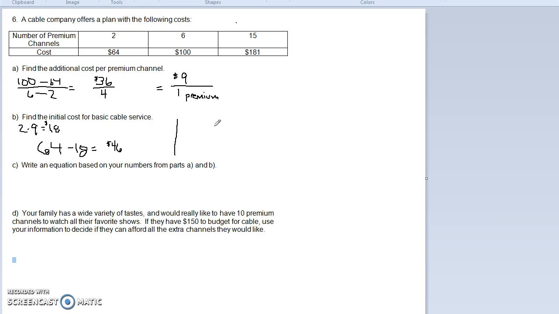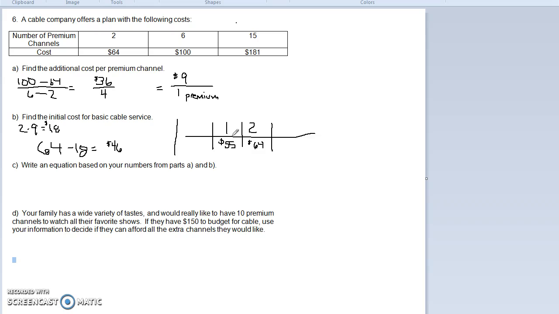If I go to a more visual way of doing it, I can also go back to what I had in the table and work my way backward until I don't have any premium channels. So if you like this way better, this works also. So at 2 premium channels, we were paying $64. We know each premium channel costs $9. So if I only had 1 premium channel, take away $9 from the 64, and we'd be at $55.